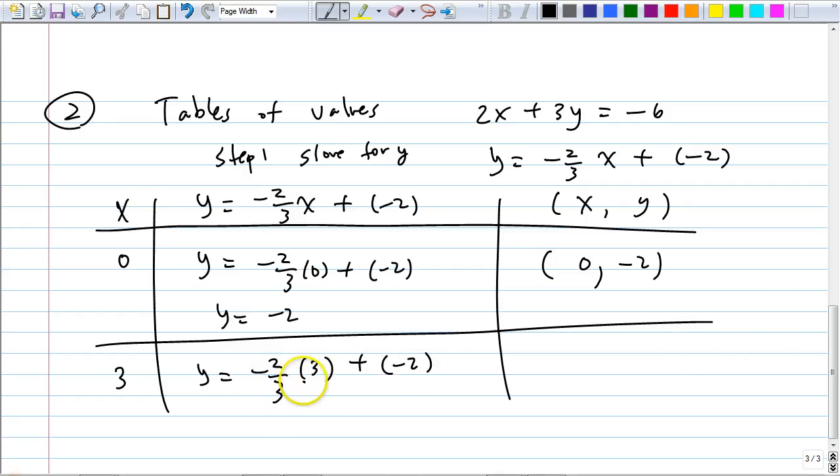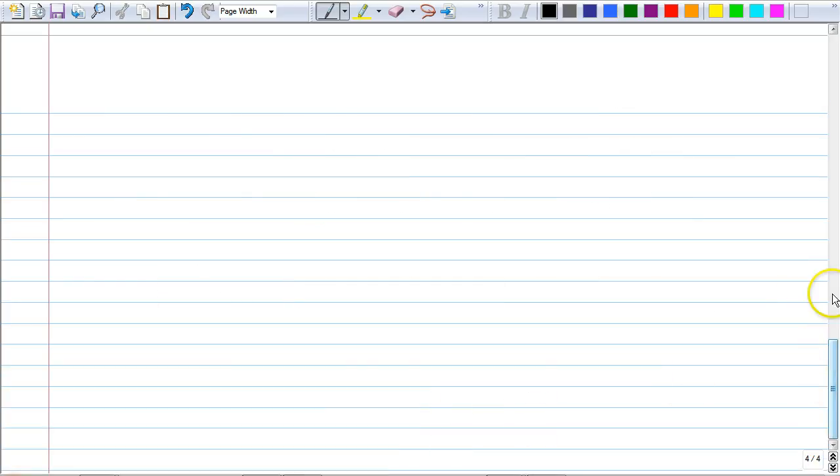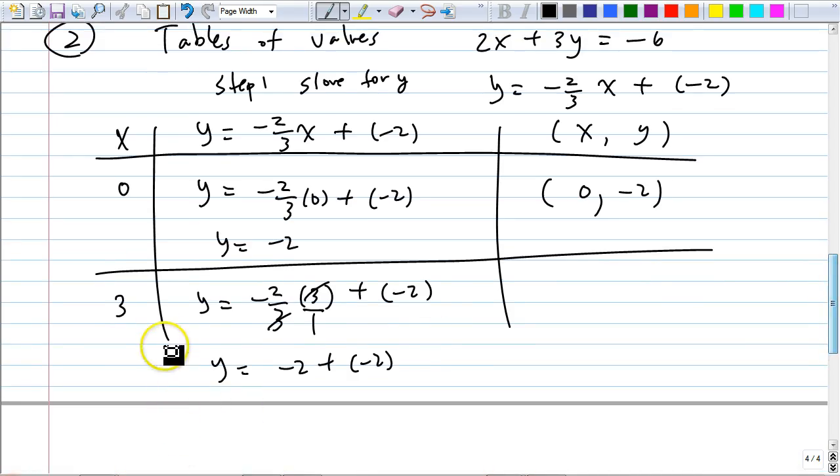Now 3 is really 3 over 1, and notice the 3's will cancel out. Did you see that? So you get y equals -2 plus -2, which is of course y equals -4. Not positive 4, but -4, right? So the ordered pair that we get, when x is 3, the y is -4.